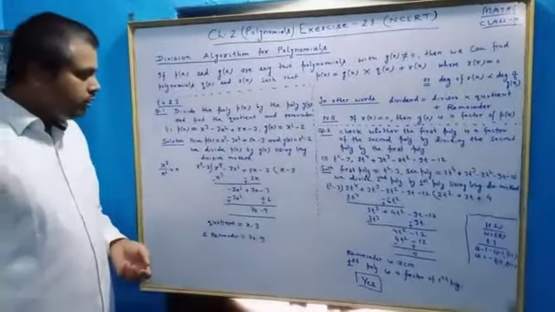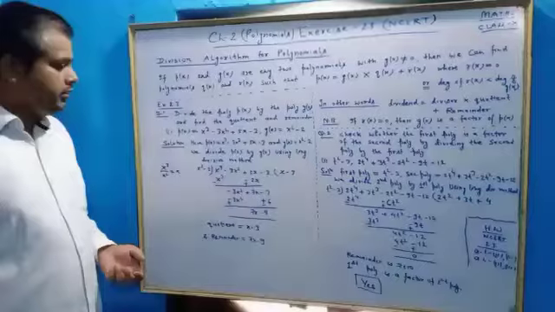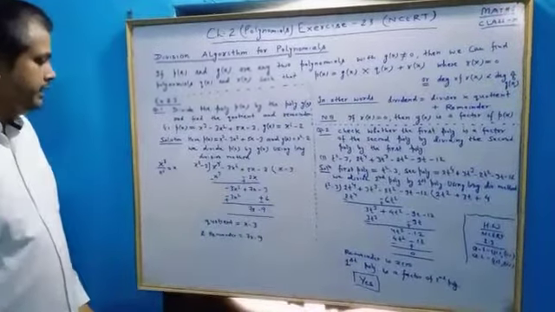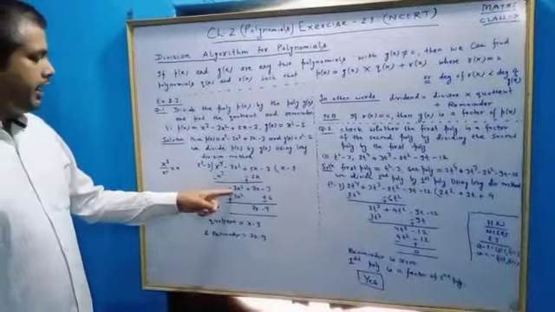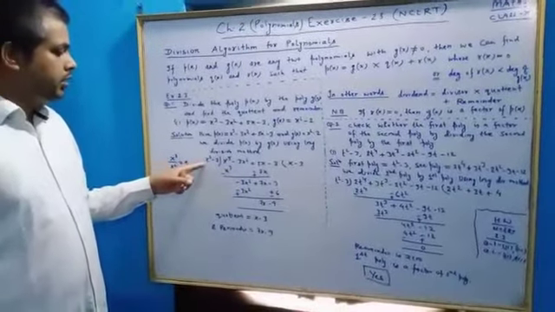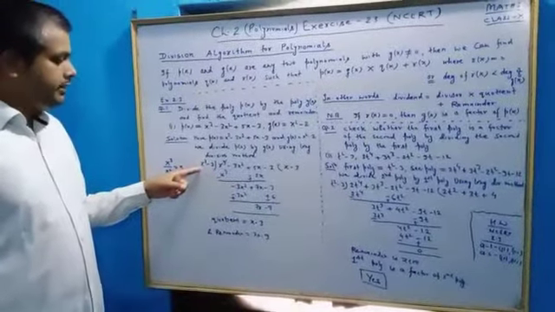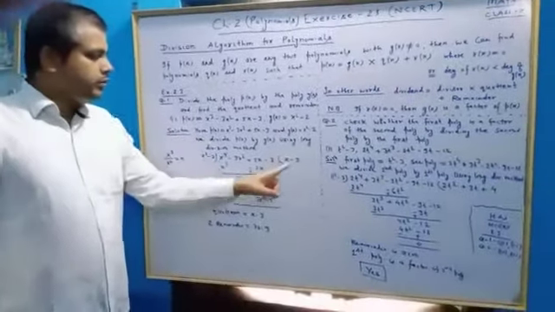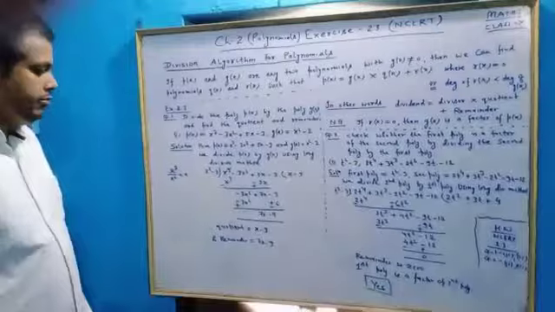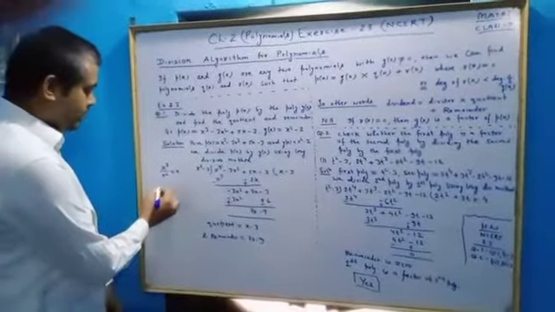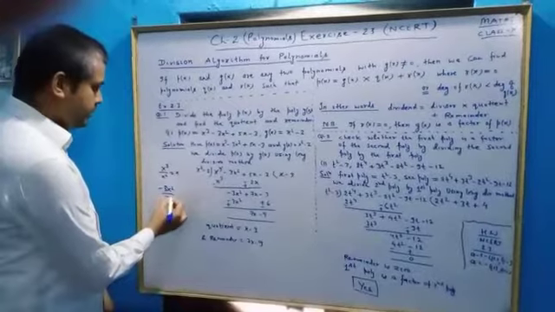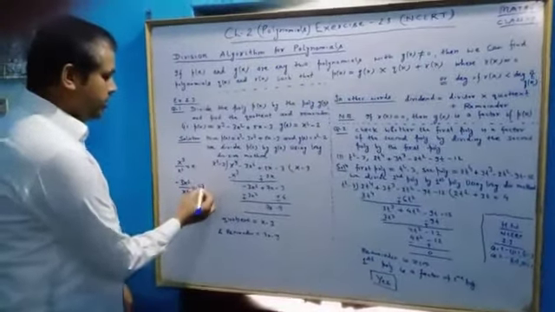Here the first term of dividend is minus 3x square, and the first term of divisor is x square. What is the second term of quotient? How can we find it? We divide minus 3x square by x square, and we get minus 3.